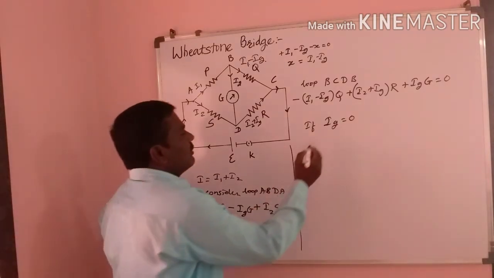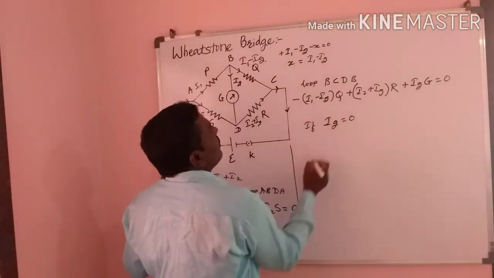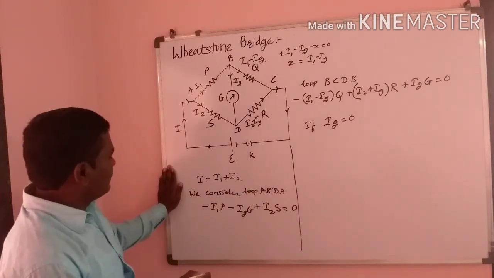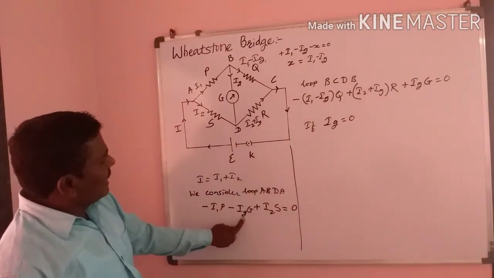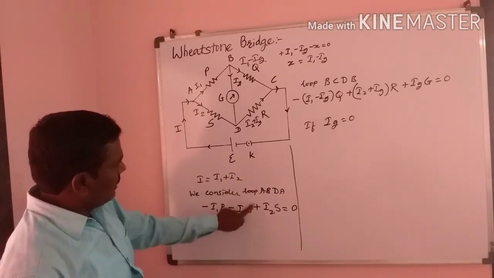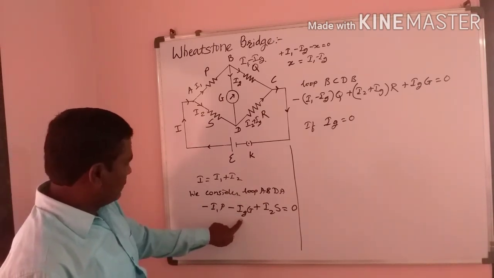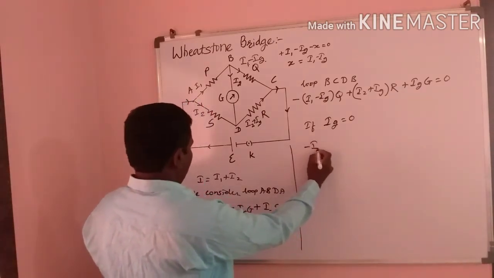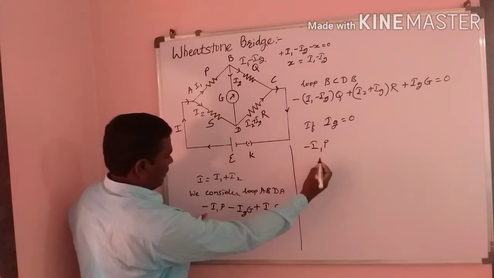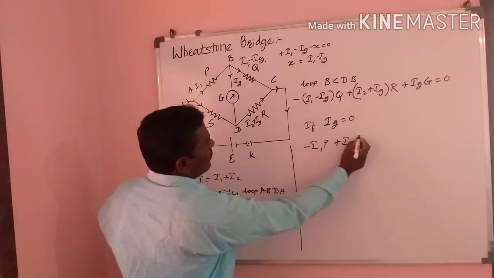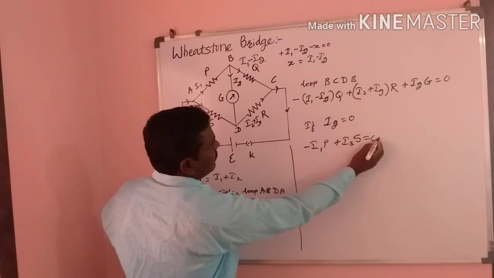If Ig is 0, we substitute these values, and that term vanishes. We write only minus I1P plus I2S equal to 0.